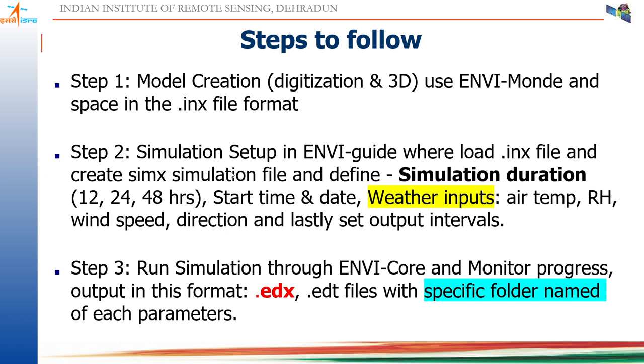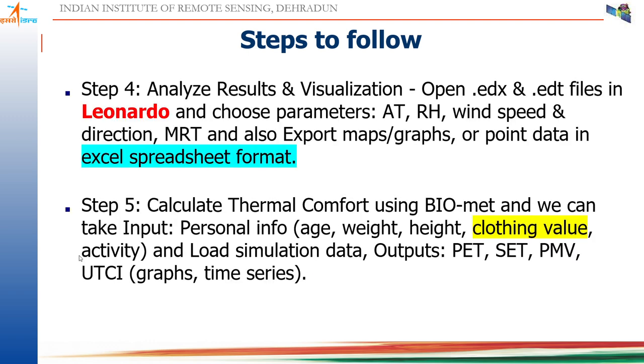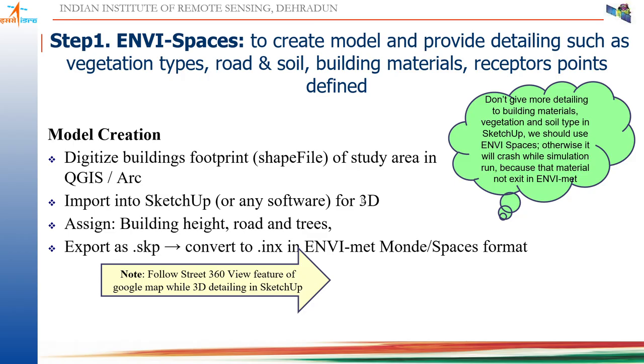Step 2 is to create the simulation file, and step 3 is to run the simulation using ENVI core. The fourth step is to visualize the results, and the fifth and last step is to calculate the thermal comfort indexes using ENVI-met. We will go into detail on all these steps.